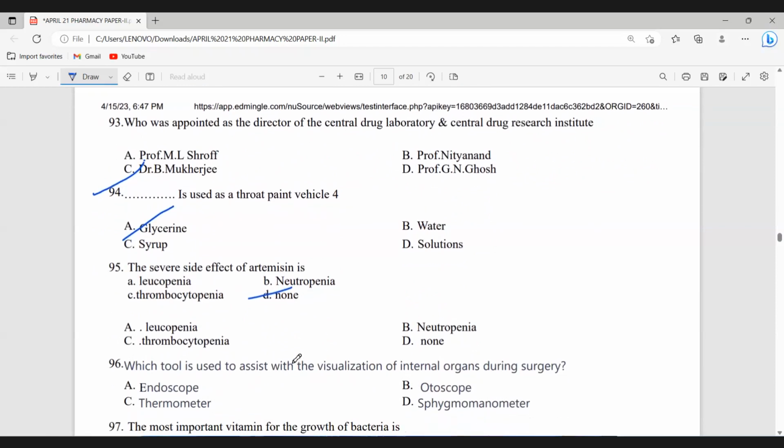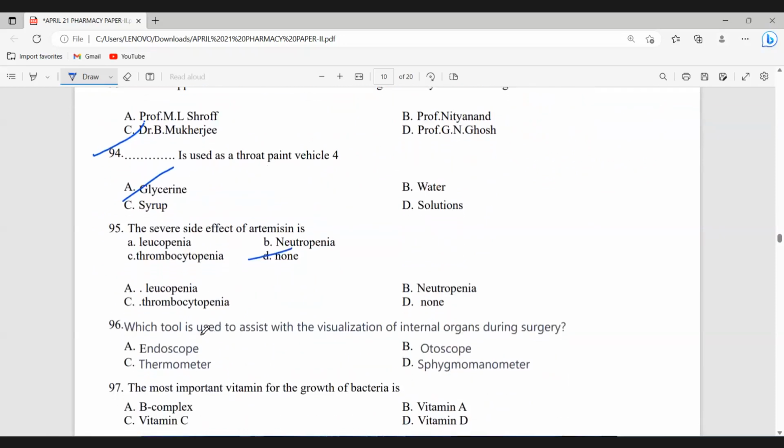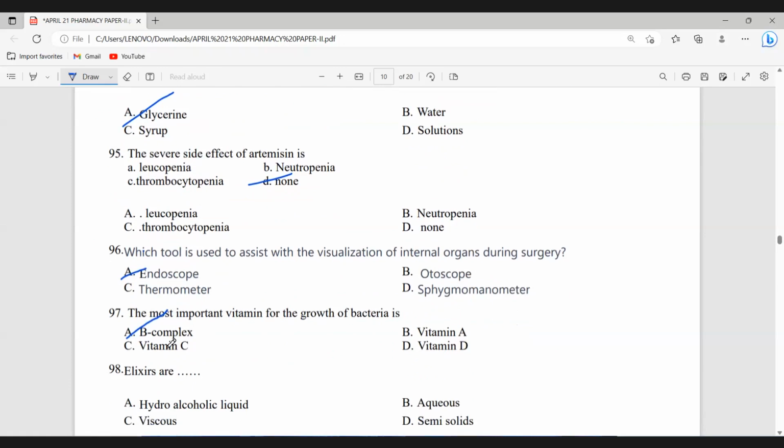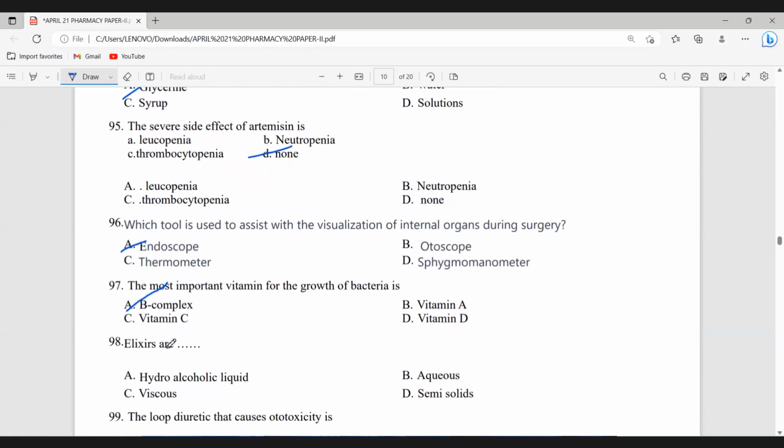Then 96, which tool is used to assist the visualization of internal organs during surgery and endoscopy? Then 97, the most important vitamin for the growth of bacteria is B complex. Then elixirs are: this is a direct question.